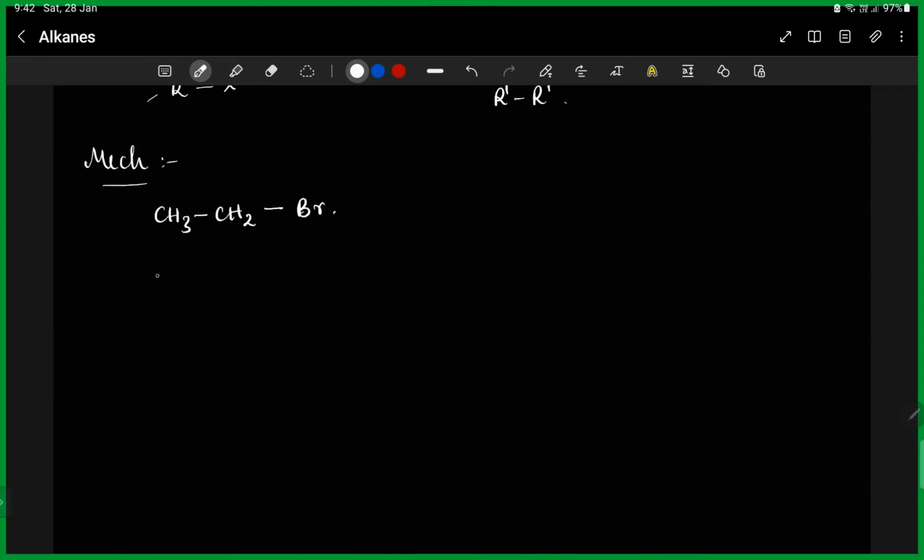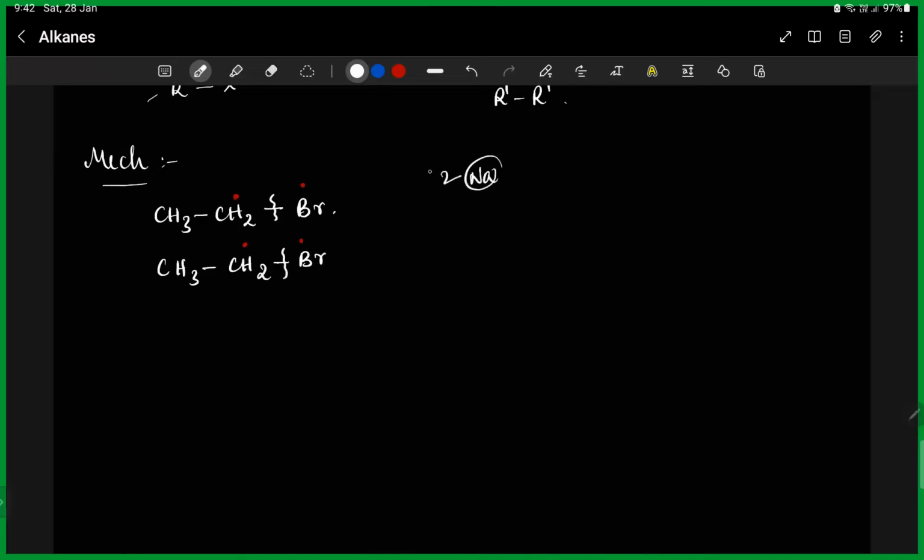When I take 2 moles of it, first of all, homolytic cleavage takes place. There will be a free radical on the alkyl chain and a free radical with a free electron on bromine. So what would happen next? We have added 2 moles of Na.